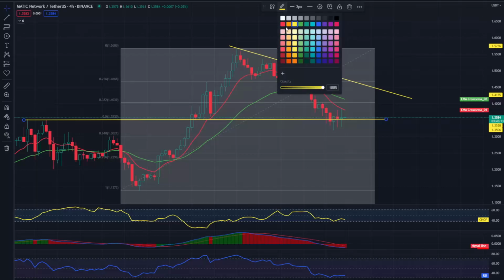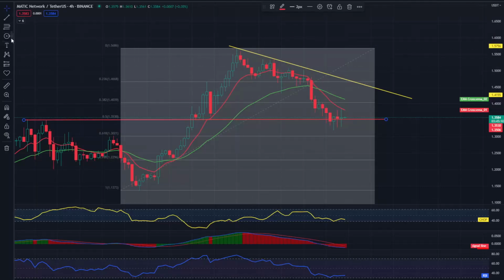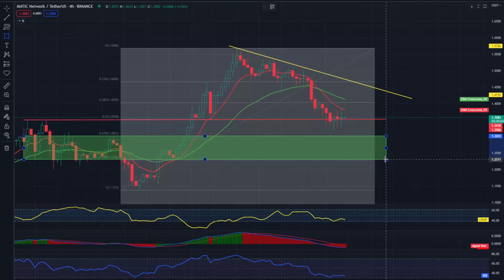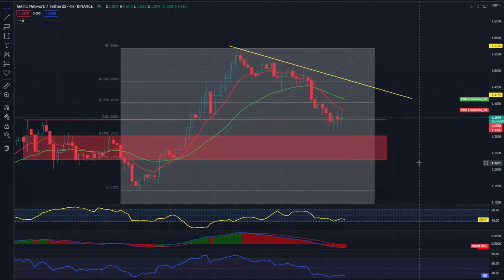And here we first have support at $1.35. But when the price goes lower, we still have a strong support zone from $1.30 to $1.23.